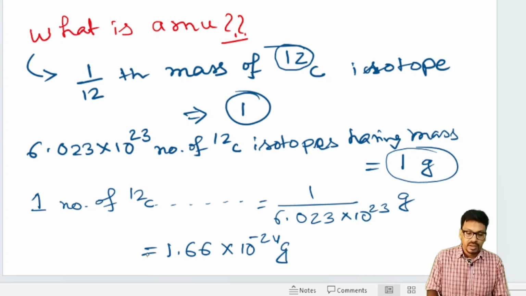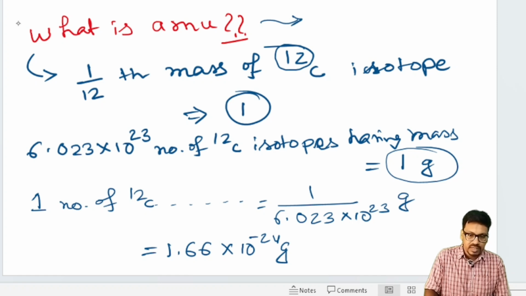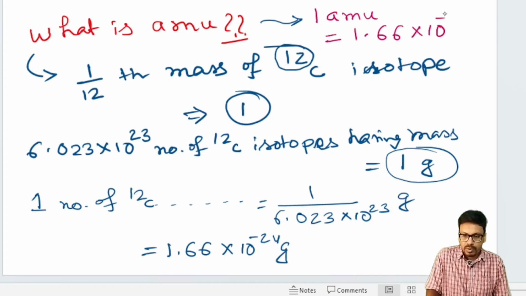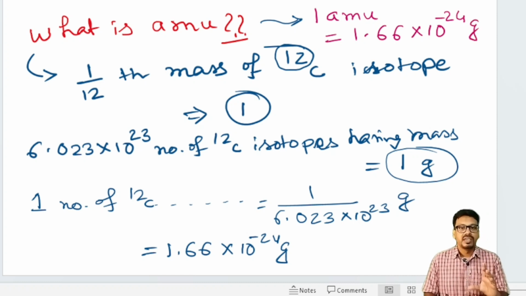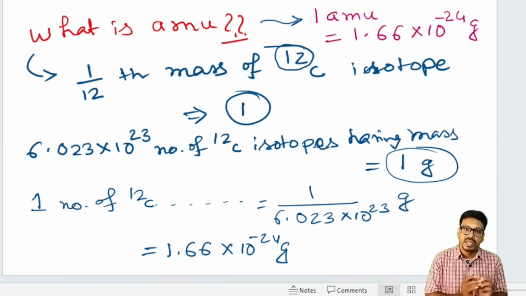Clear? So 1 AMU is equal to 1.66 into 10 to the power minus 24 gram. Clear? This is used as a unit.